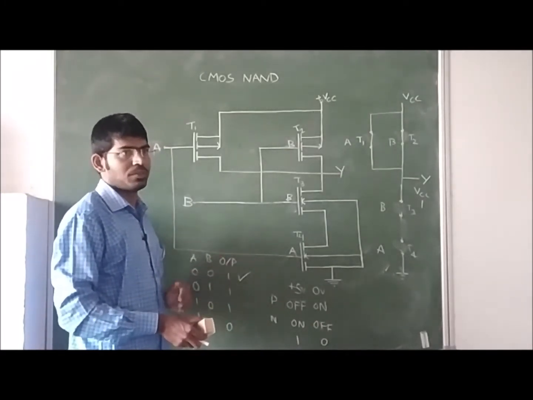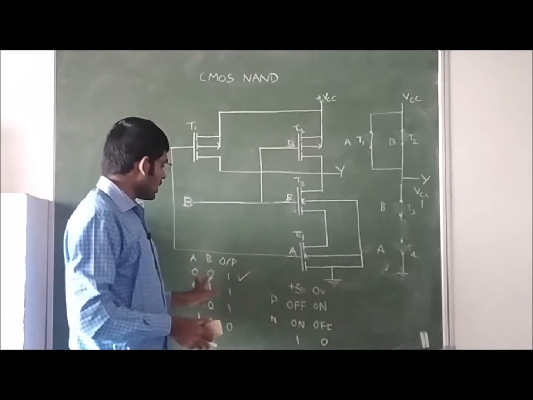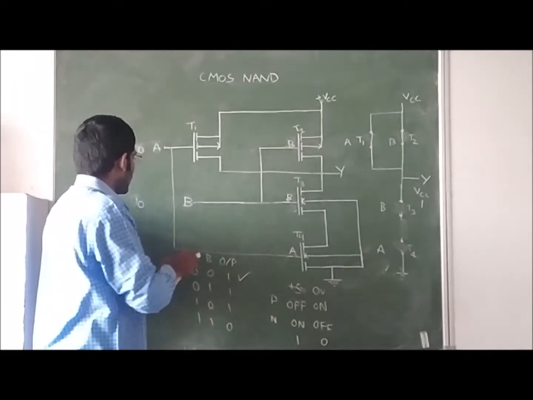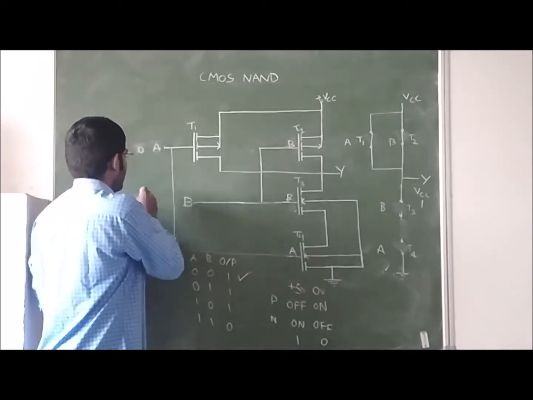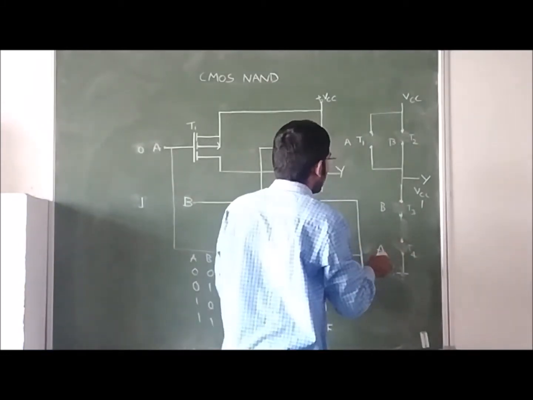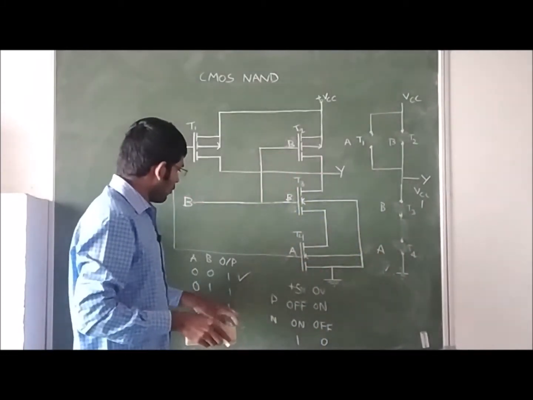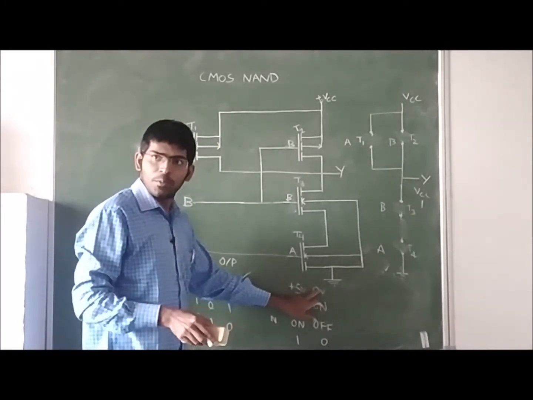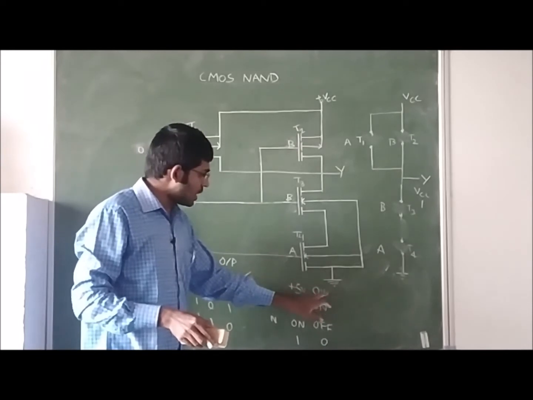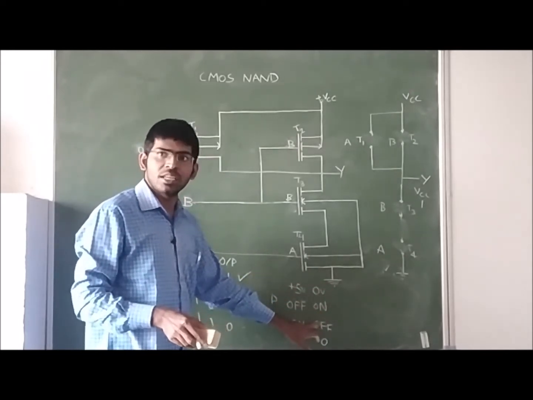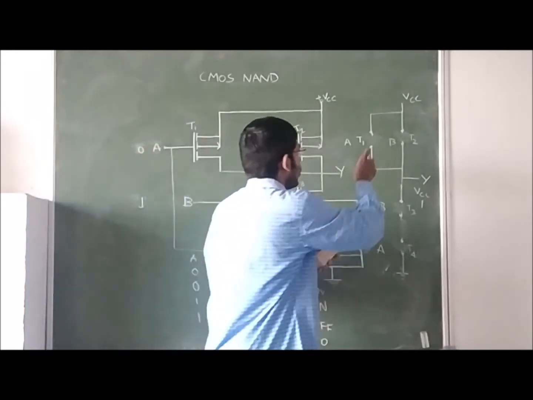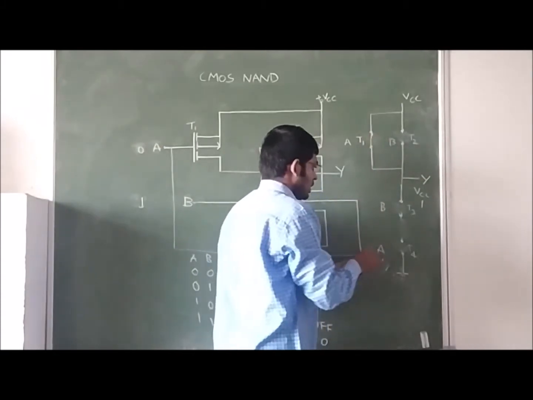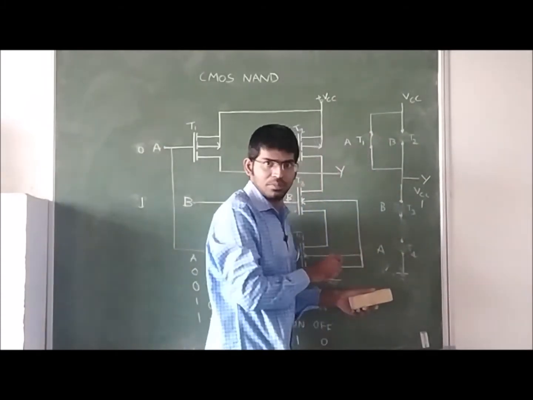This is verified. Now we are verifying what if we give A 0 and B 1. When A is 0, the P-channel MOSFET is in on condition and the N-channel MOSFET is in off condition.